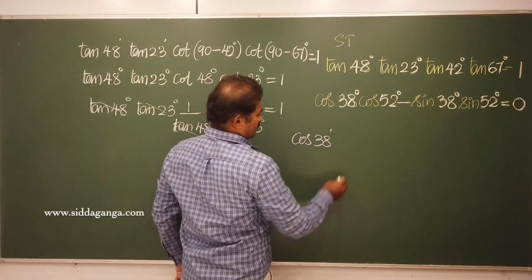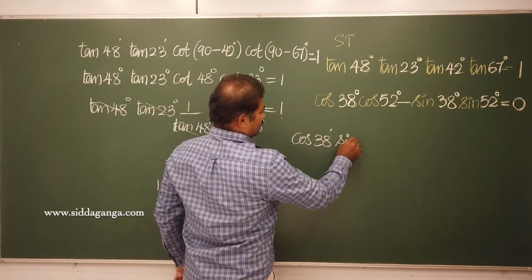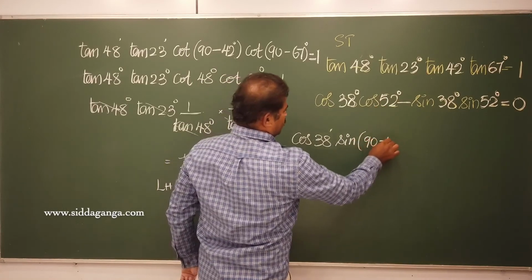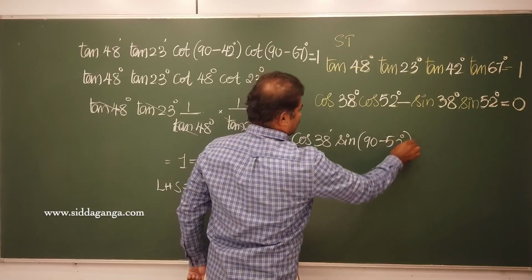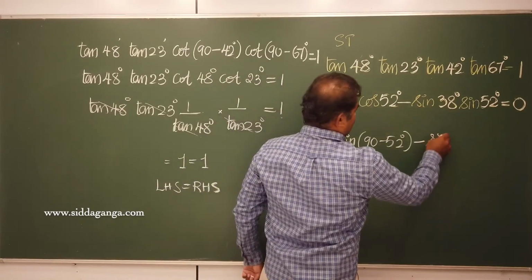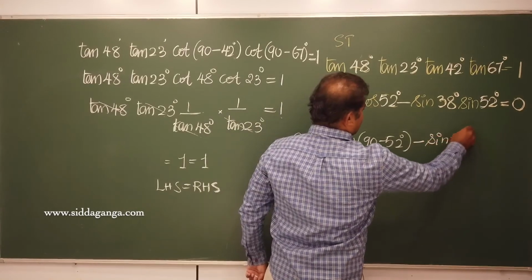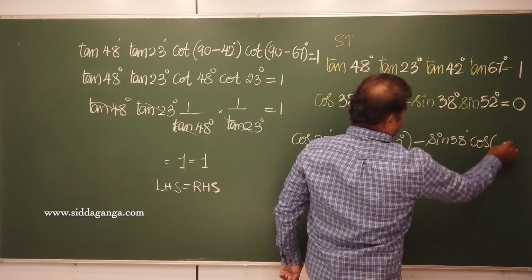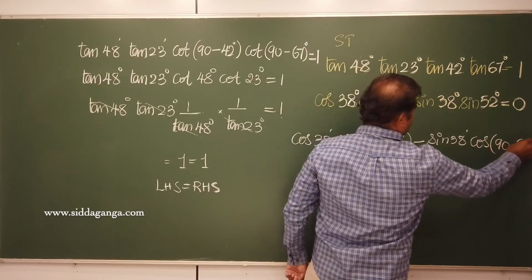you can convert cos into sine. So what you can write is sine (90 minus 52) degrees minus. So here you can keep sine 38 as it is and you can convert one of these. So sine can be converted into cos (90 minus 52) degrees.